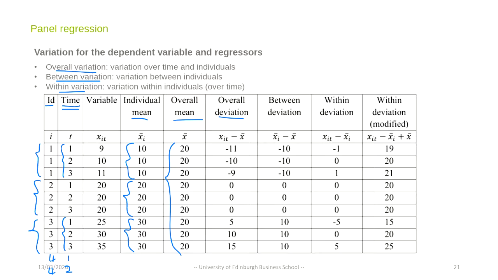And the next two are very interesting. The next one is called between deviation. Let's take a look at what it means. Between deviation uses the individual mean minus the overall mean. So this shows the difference between different people. We have the overall mean across all the time and all the individuals, and then we have quite different means for different people.